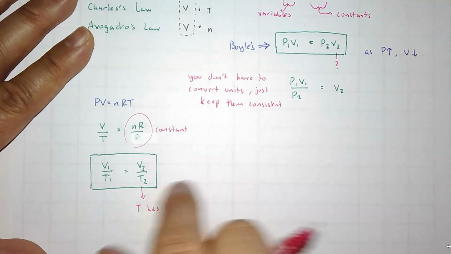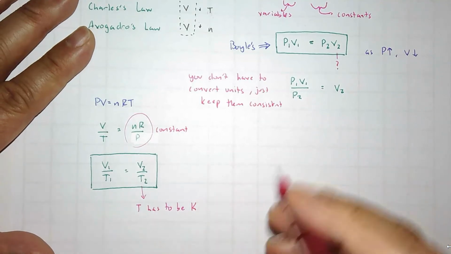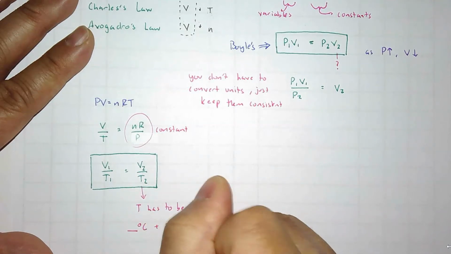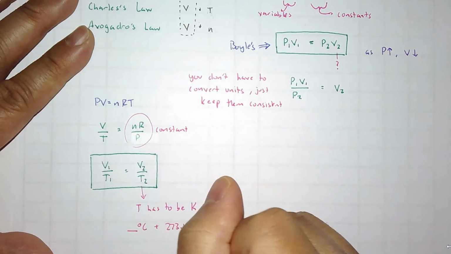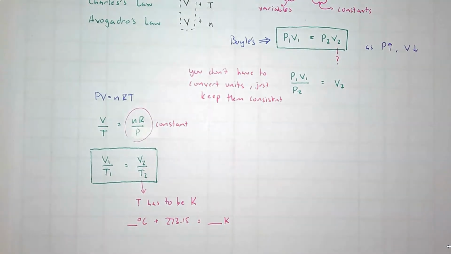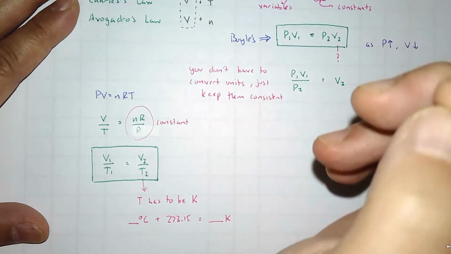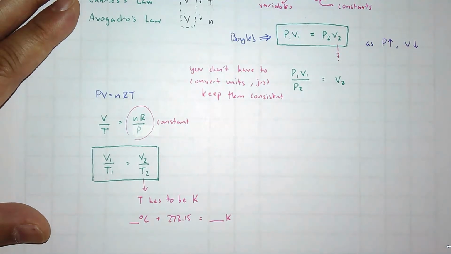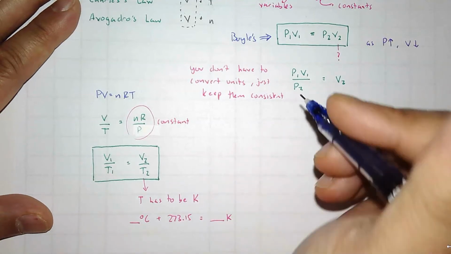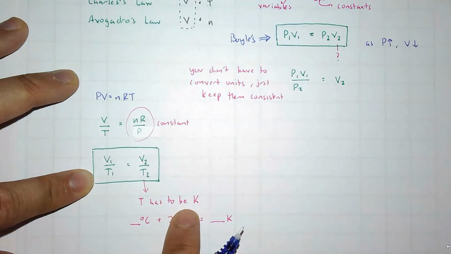Or you could have Celsius as a negative. Kelvin cannot be negative. So whatever Celsius you have, you're going to add 273.15 to get the temperature in Kelvin. This is true anytime you're looking at gases. Go ahead and convert right away to Kelvin. The volumes can be, again, in any units as long as you keep them consistent. We can never have a negative volume, just like we can never have a negative temperature with Kelvin.